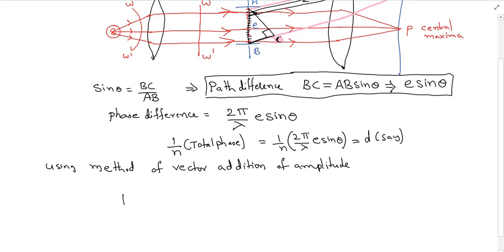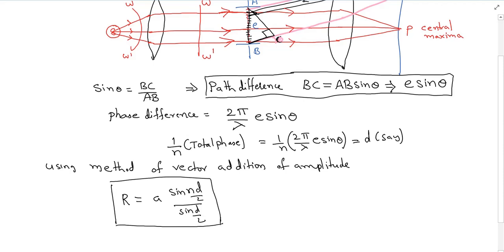We know the resultant amplitude is equivalent to A sin(nd/2) by sin(d/2). So this is the resultant amplitude of n vectors whose amplitude is a and whose adjacent phase difference is d.